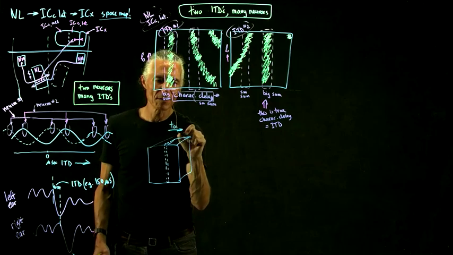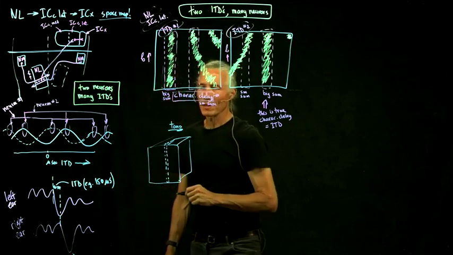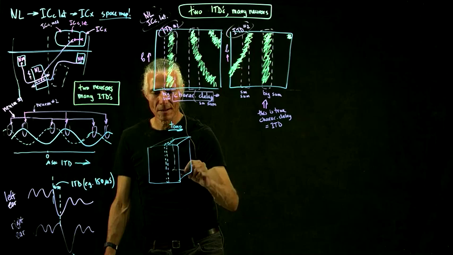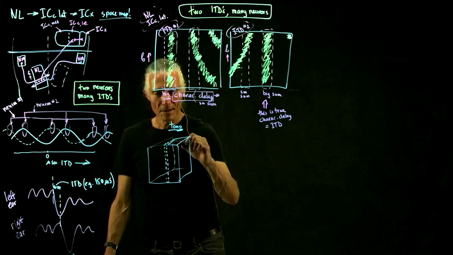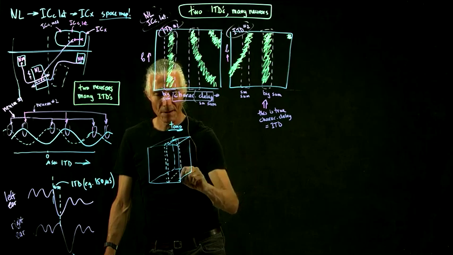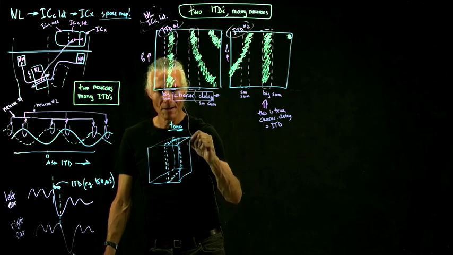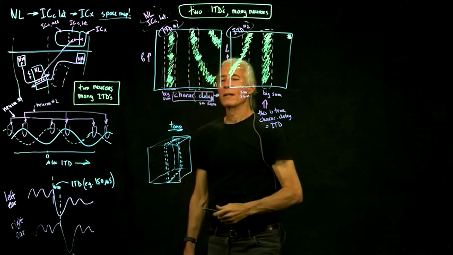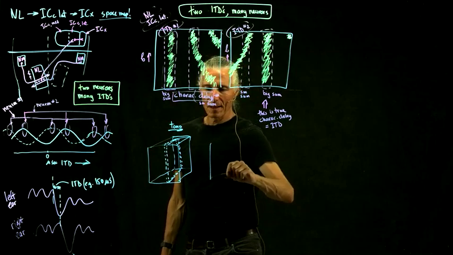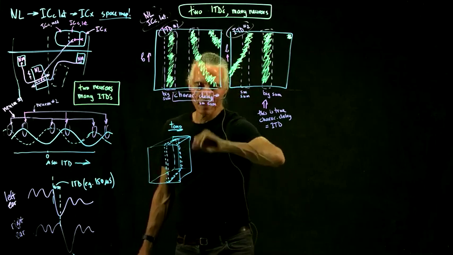That's the tonotopic gradient across this nucleus. So they take a little plane of neurons there, and all the neurons in that plane project typically to another plane in the next nucleus.